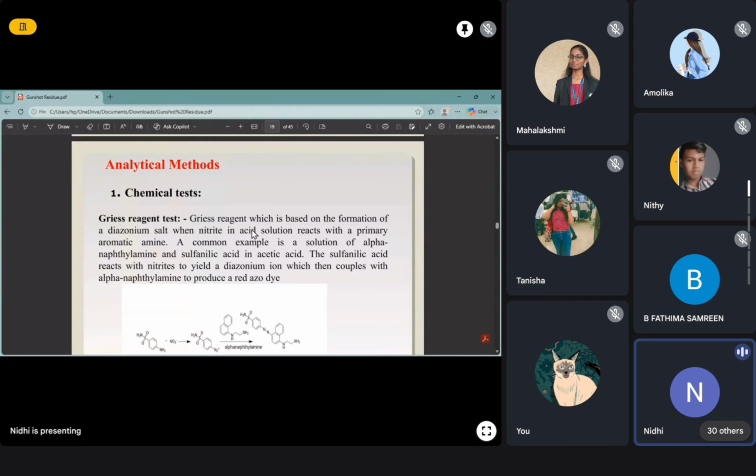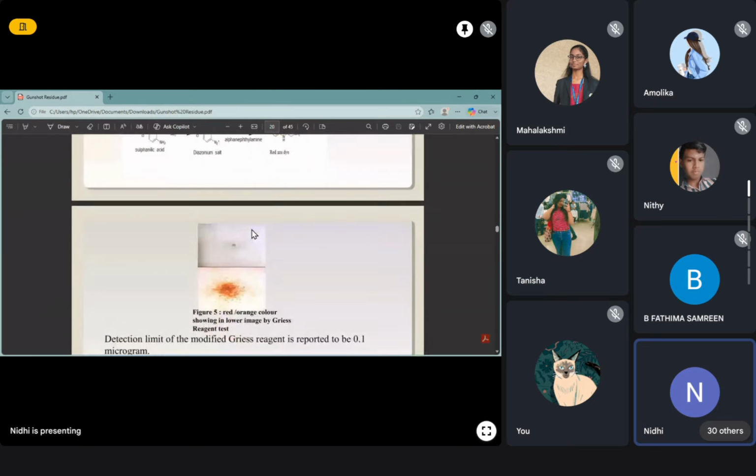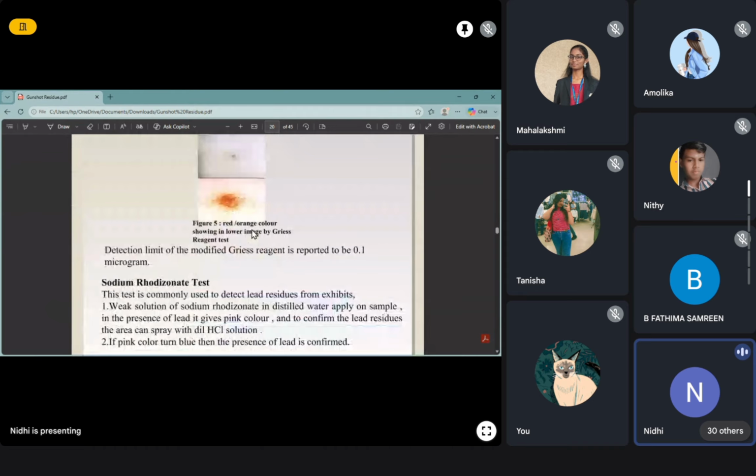You just take two chemicals, alpha naphthylamine and sulfanilic acid, and mix them with acetic acid. Then the sulfanilic acid reacts with the nitrites present in the gunshot residue to yield the diazonium ion, which then couples with alpha naphthylamine to produce a red azo dye. This is how you will be able to see the Griess test result. Okay.